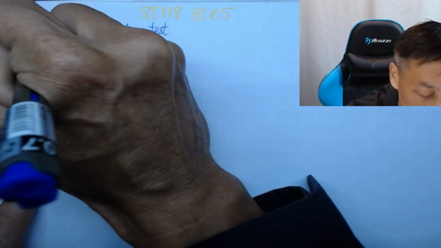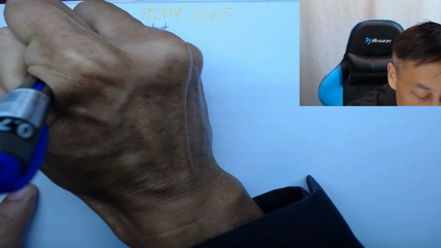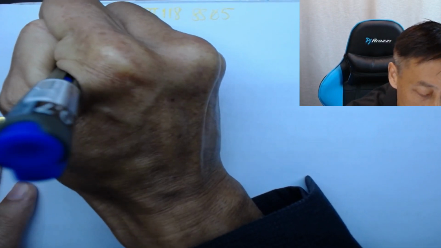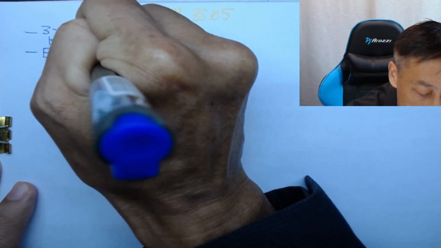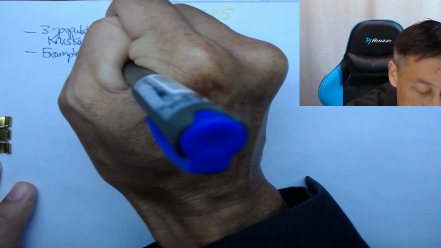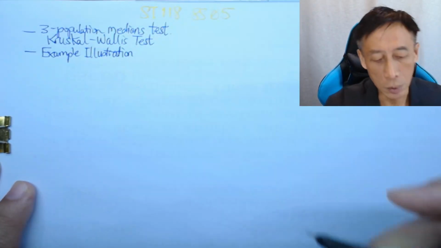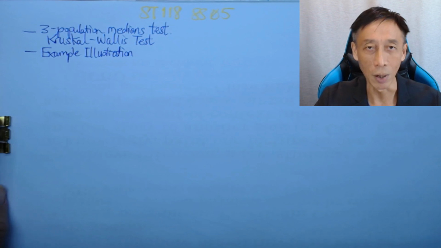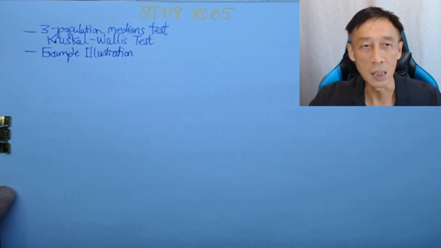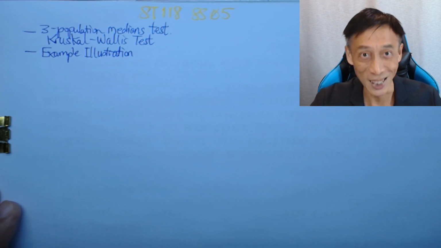Okay, and of course, we certainly want to talk about an example illustration to get a feel of how the test number crunches the data, right? It's always helpful to see the numbers being processed.